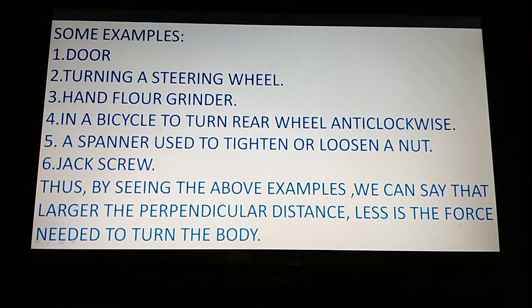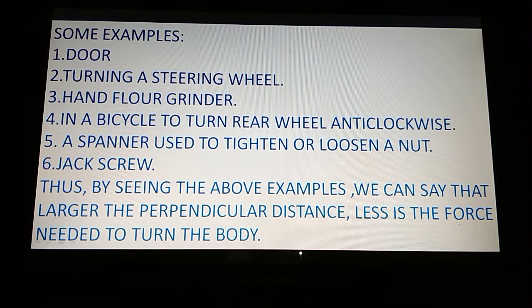That's why it rotates the wheel anti-clockwise, and the wheel rotates clockwise when force is applied in the same direction at the opposite point of the wheel. That means when we rotate it anti-clockwise or clockwise, we apply a force at the end of the rim. That's why it is an example of moment of force.